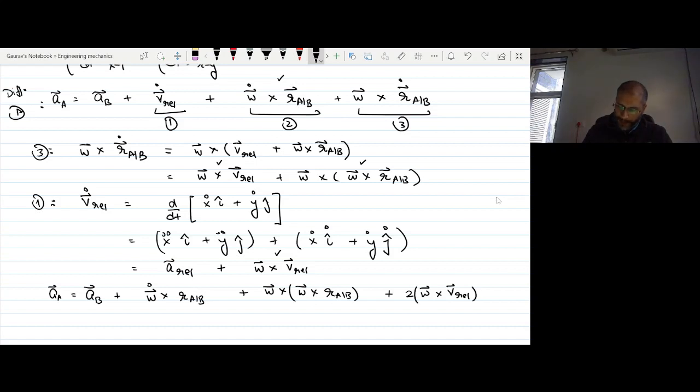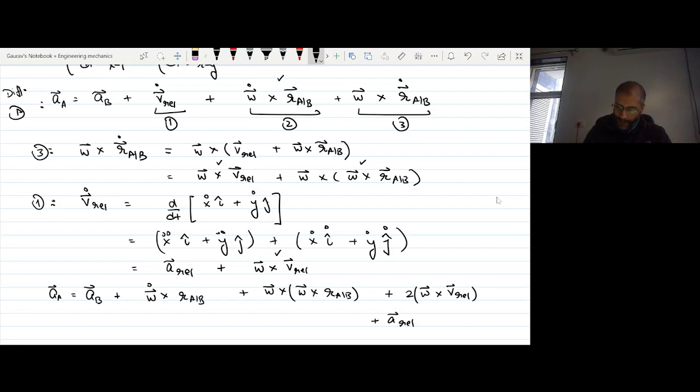So we add them together, and then the last one is the A rel term. That's this one. So this is the acceleration of A with respect to B in the capital XY frame.